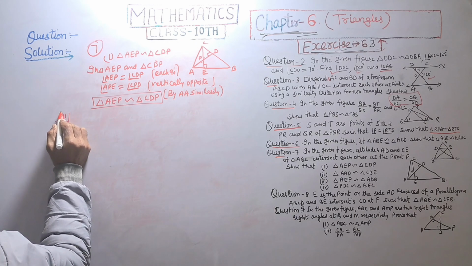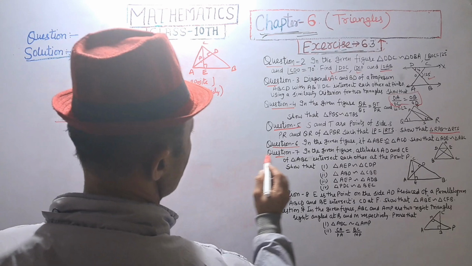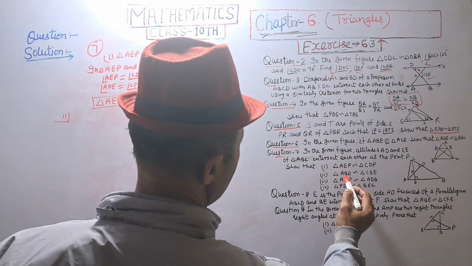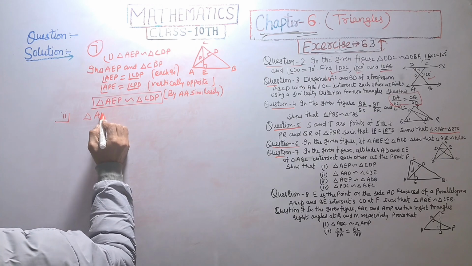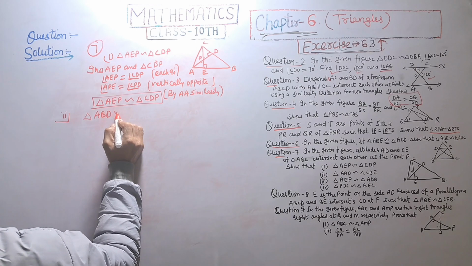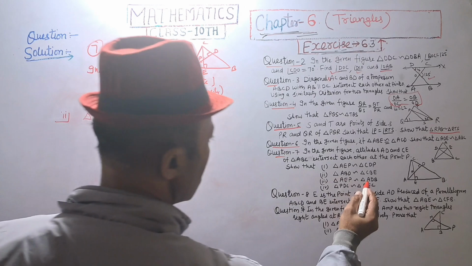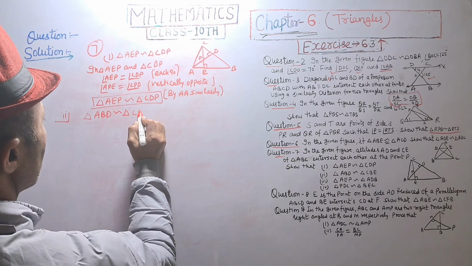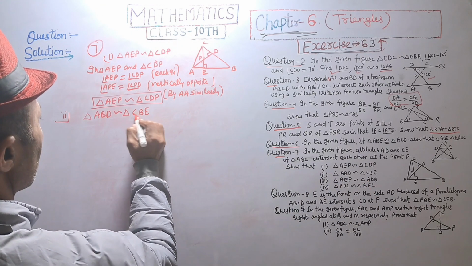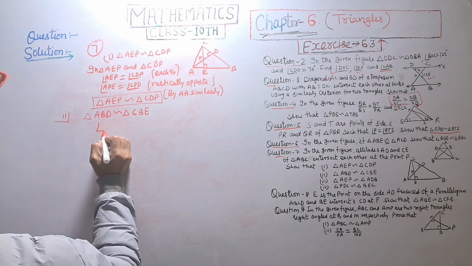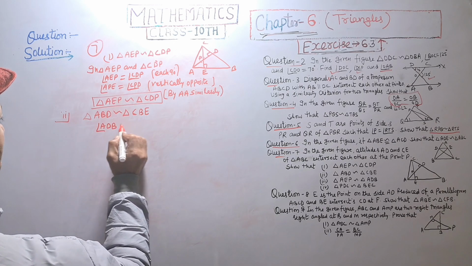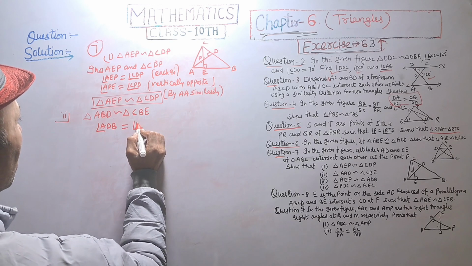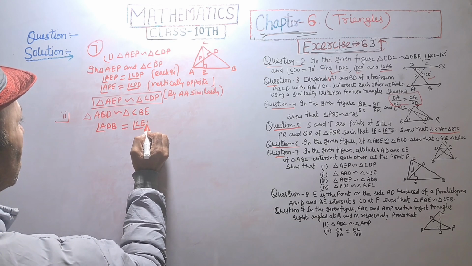And second, triangle ABD is similar to triangle CBE. Angle ADB is equal to angle CEB.